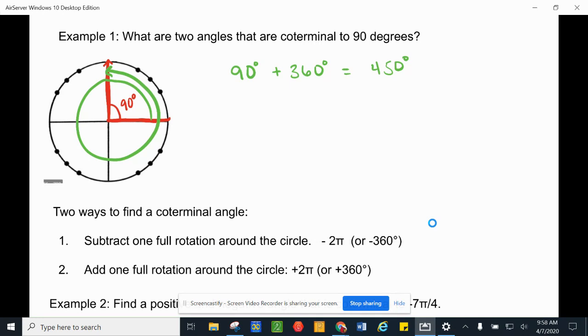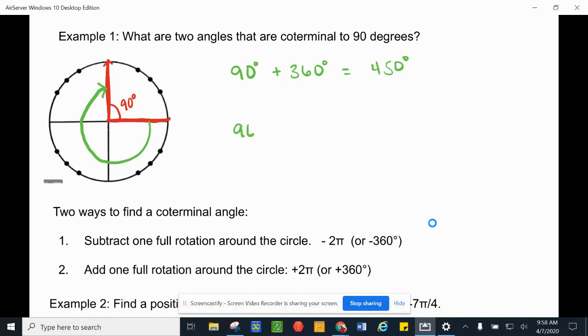So let's do another way. On this one, we'll start at the same spot, and we'll go backwards from 90 degrees. So how do we do that?